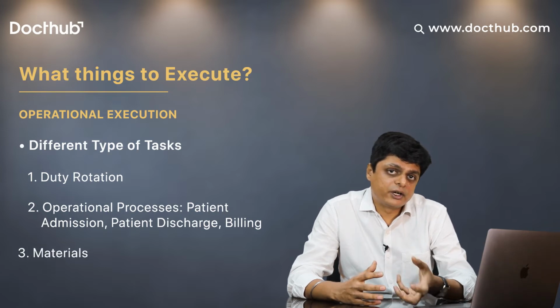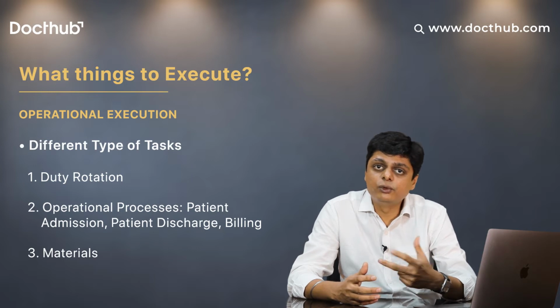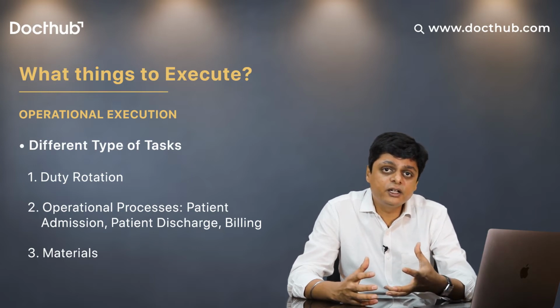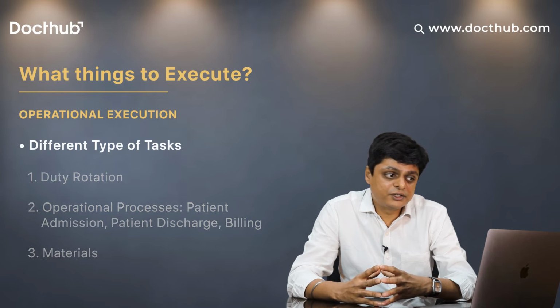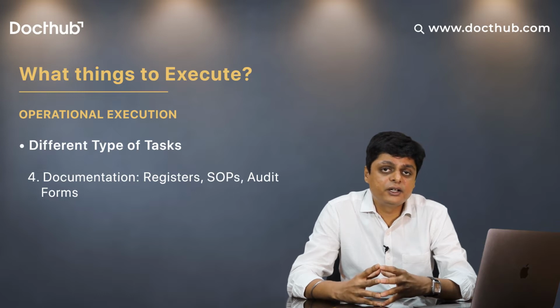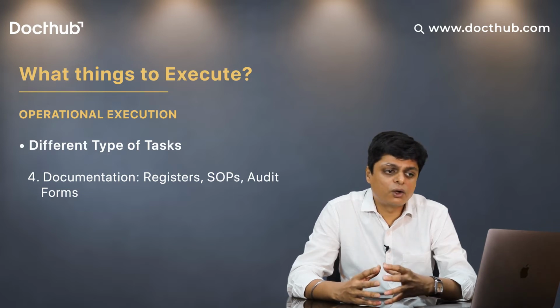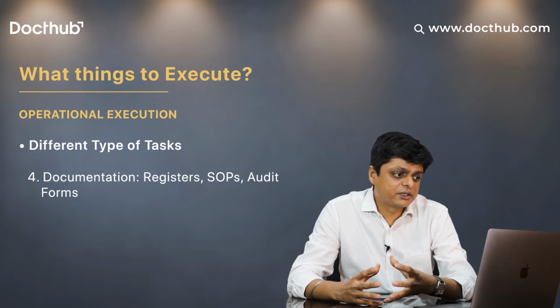Another aspect is materials. You are managing materials in terms of purchasing, utilizing, and auditing the materials used. Documentation is another most important part. If you are working in a NABH or JCI accredited hospital, documentation is also an important aspect of your operational work, where you maintain different registers, SOPs, policies, audit forms, checklists, etc.